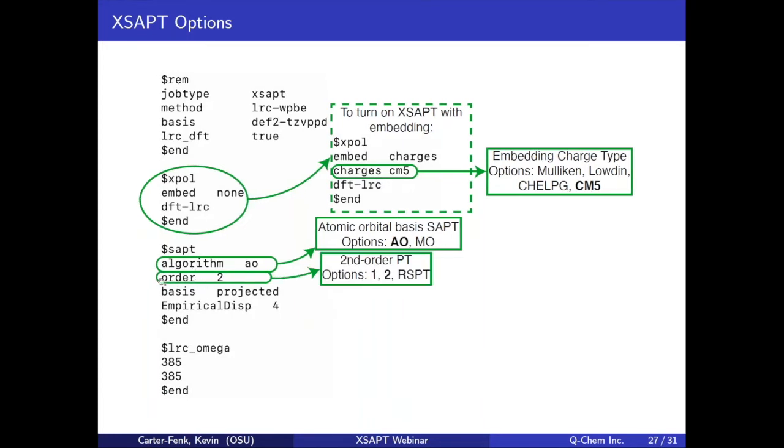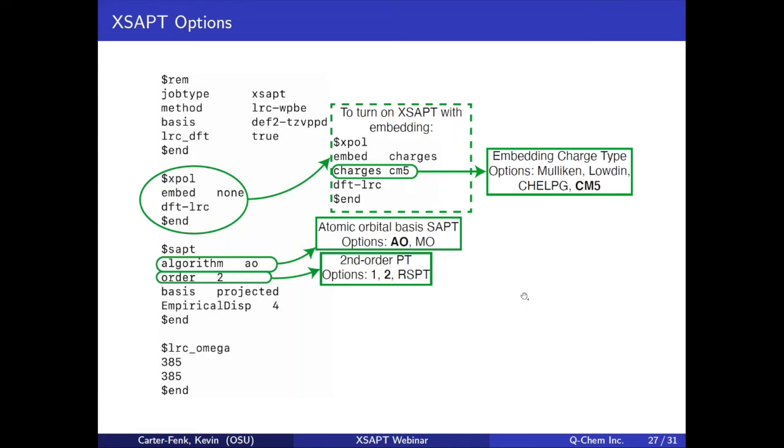The order keyword specifies the order of perturbation theory to be applied. So we have the options of 1, 2, or RSPT. And first order will only yield electrostatics and exchange terms. Second order is recommended because it's the first order with all of the interaction terms.